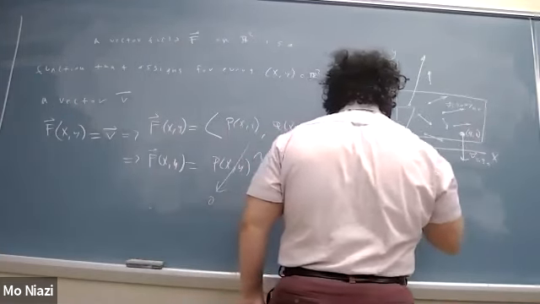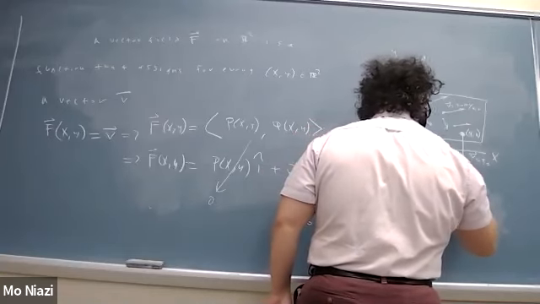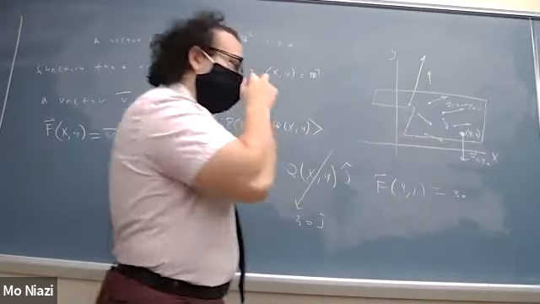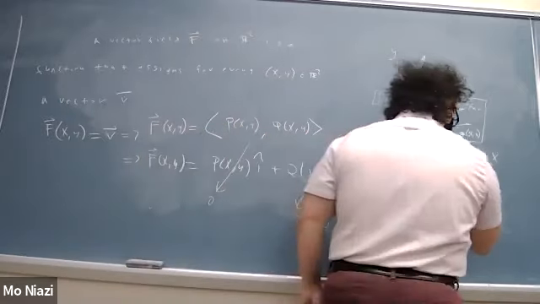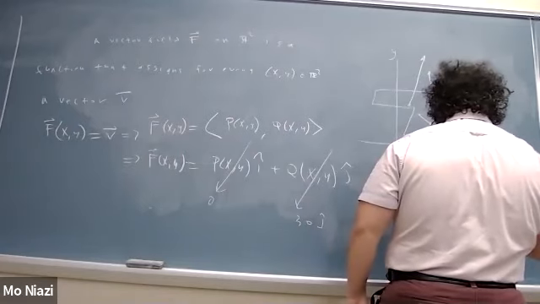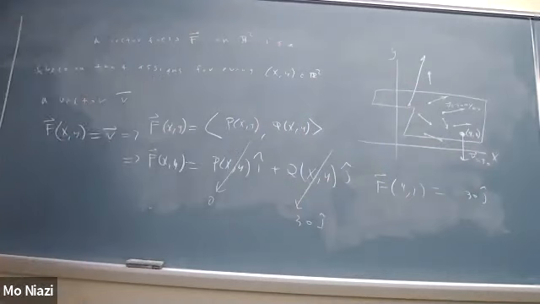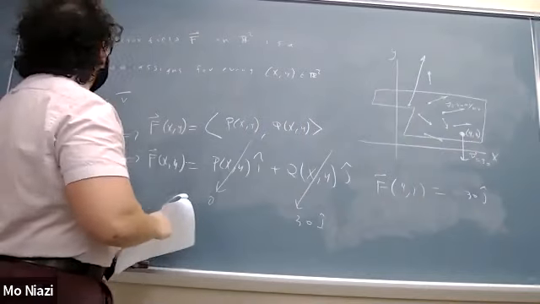So F of 4, 1 would equal 30. And not just 30, because that implies it's a scalar. It would be 30 j hat, right? So that's trying to tie it to the real world.